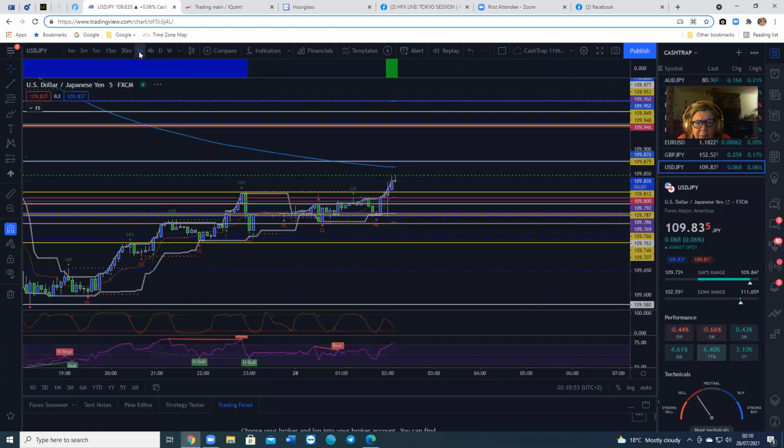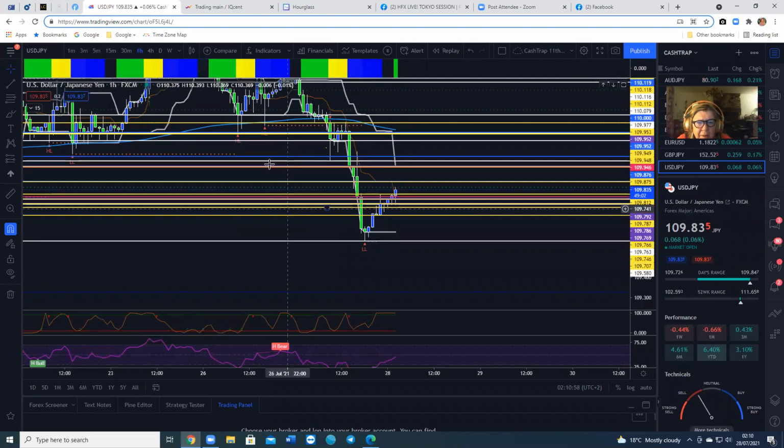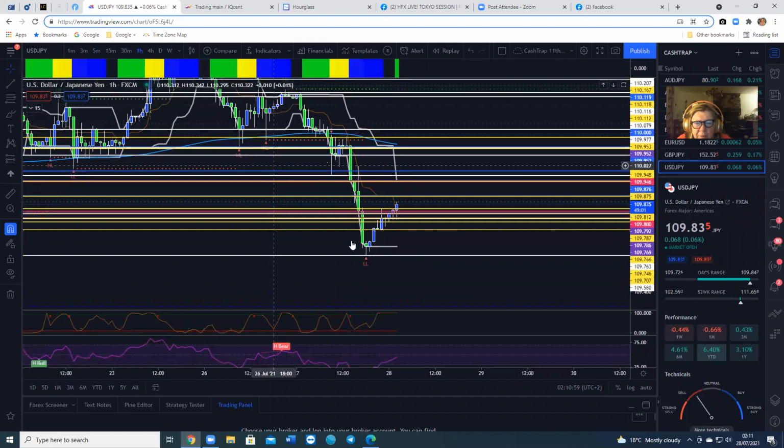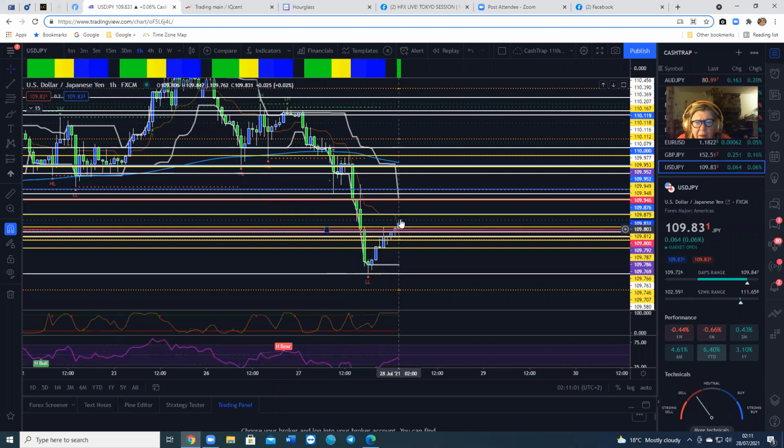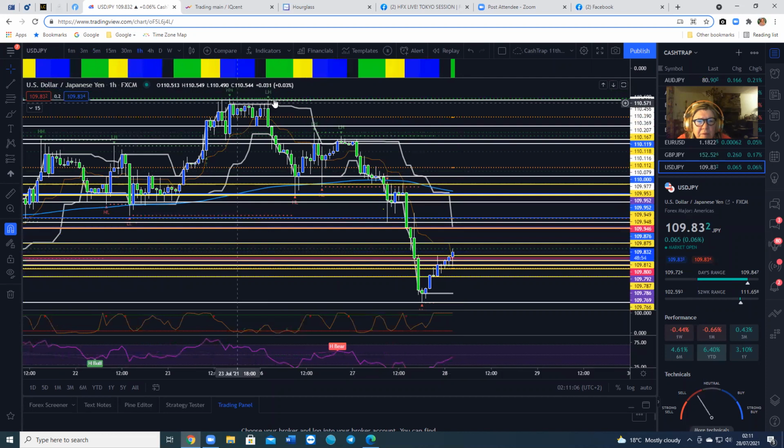So let's come back to the hourly, and if we look at the hourly, that does look like a retrace. This is an hourly because we've got a double top here. That's called a double top, and it's moved down, retrace, down, retrace, down, retrace.